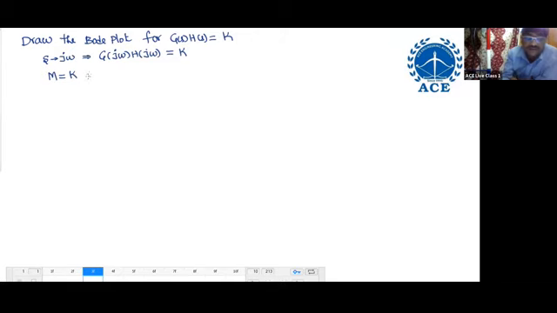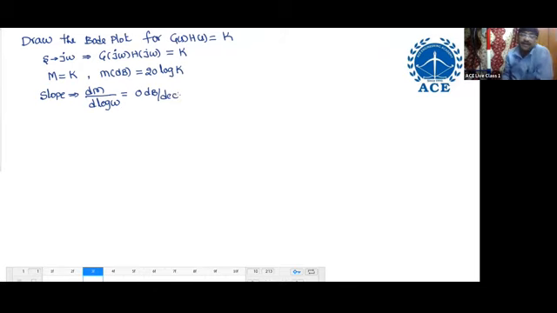Magnitude in dB is 20 log K. Find the slope, dM by d of log omega. This is omega, and K is a constant. If you differentiate a constant with respect to omega, you will get 0. The slope is 0 dB per decade.